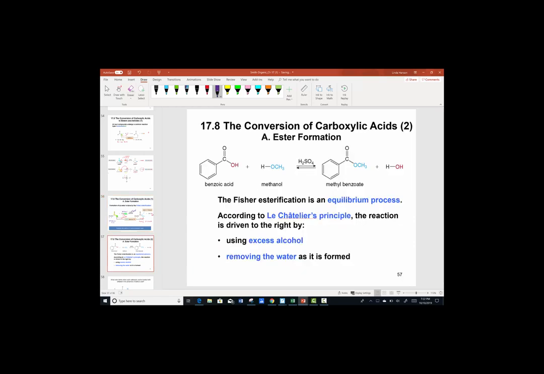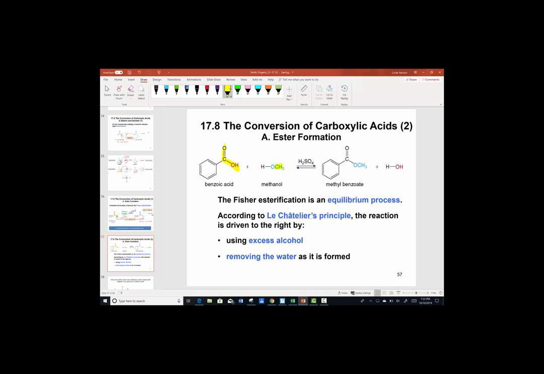Let's try another. We have to flip the page again, trying another Fischer esterification. This time it asks us to try one with benzoic acid. Now this is a common name we're trying to learn, benzoic acid. C double bond O, OH is our acid. And we're going to use methanol again.